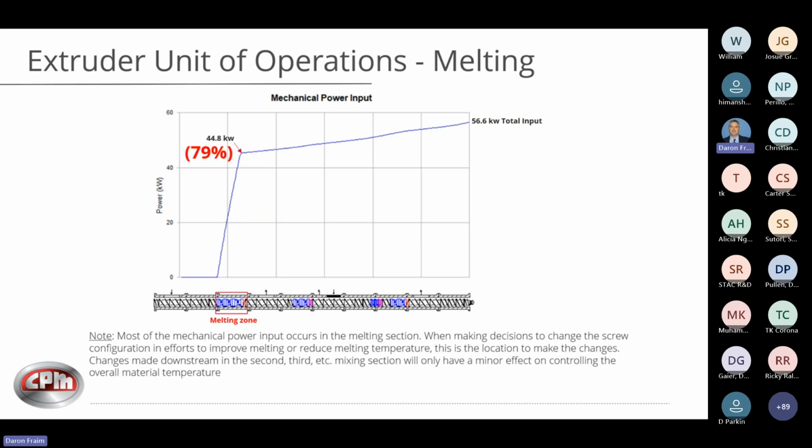But if you've made adjustments and it's not sufficient, you realize, hey, I've got to make a change in the screw configuration. Anytime you make a change in the screw configuration to improve melting or reduce melt temperature, you always want to go back to that very first section, because that's where the majority of the work is taking place. If you make changes in the second, third, those downstream mixing sections, you're not going to see a big impact on changing the melt temperature.